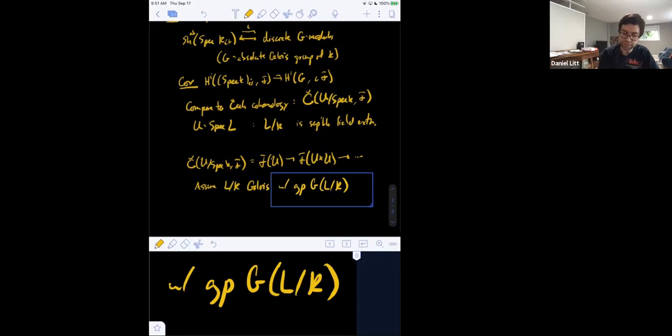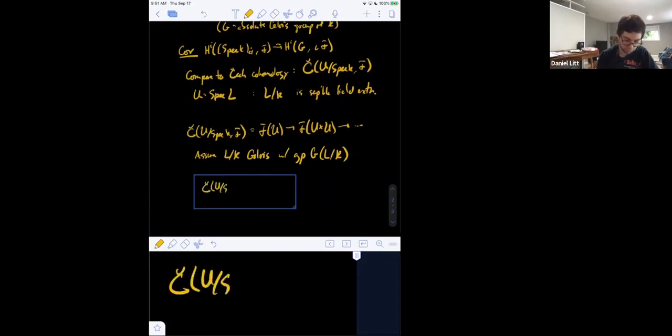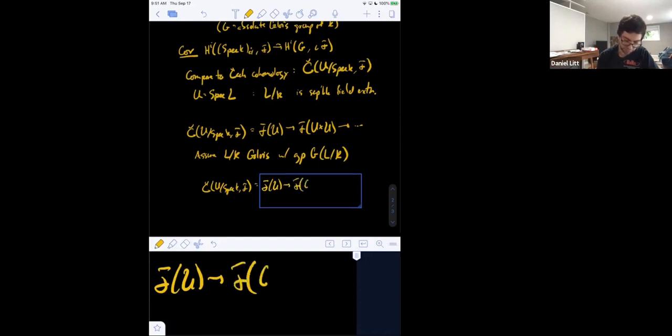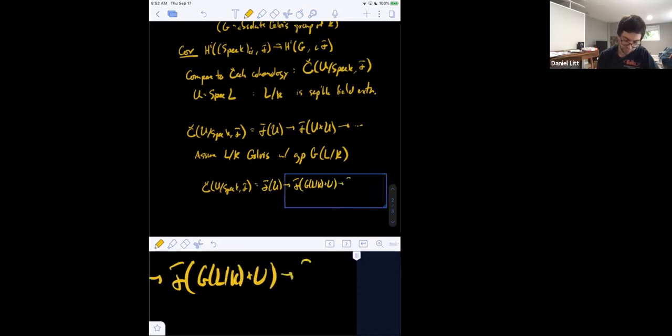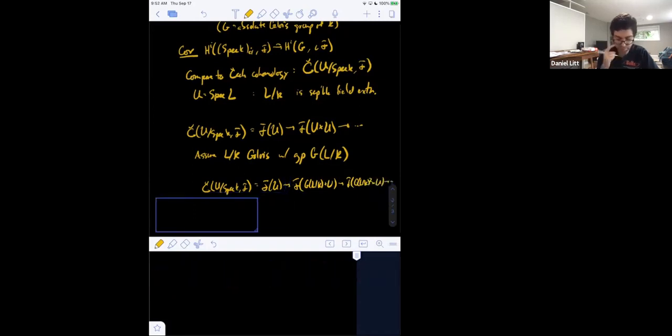Yeah, and another way of saying that is it's just the Galois group times Spec L. So then this complex becomes F(U) to F(Galois group × U), and then we get F(Galois group squared × U), and so on and so forth.